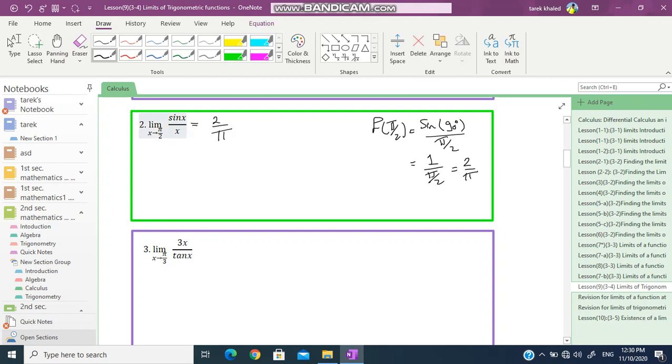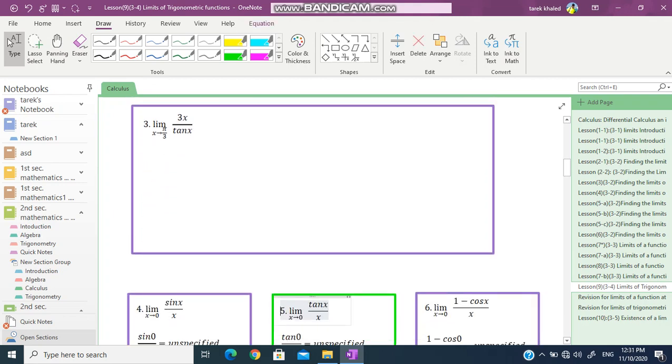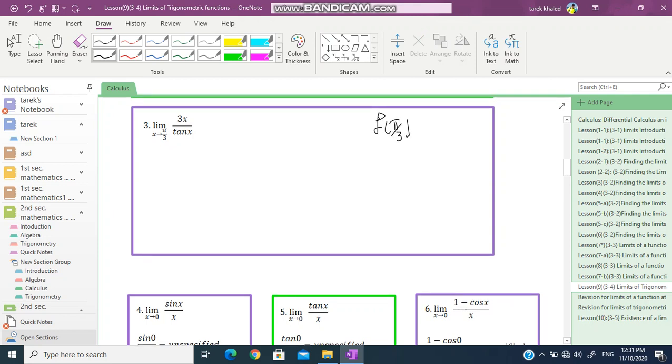The third one: the limit as x approaches pi over 3 of 3x over tan x. By substitution at x equals pi over 3, f of pi over 3 equals 3 times pi over 3 over tan pi over 3.